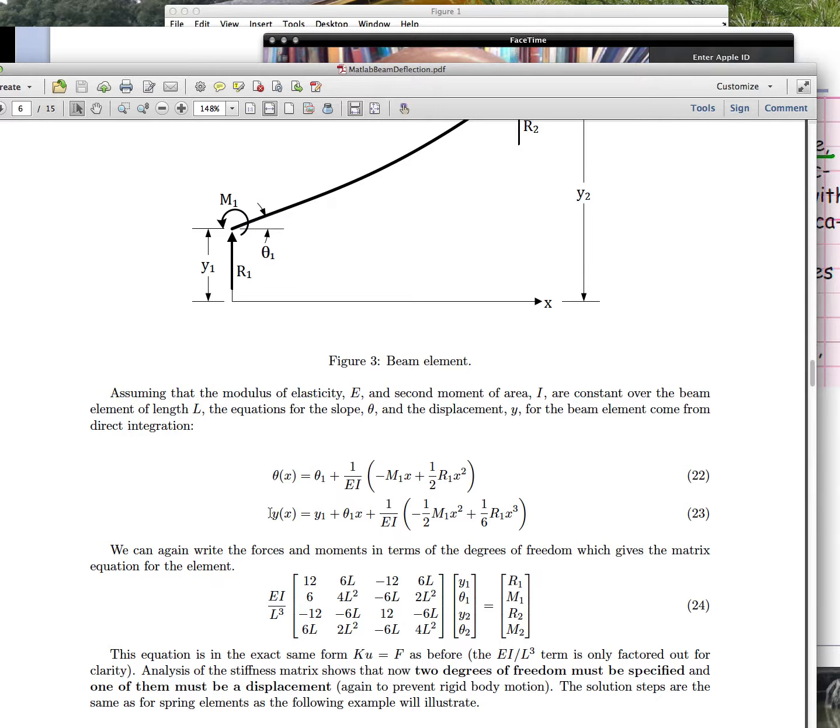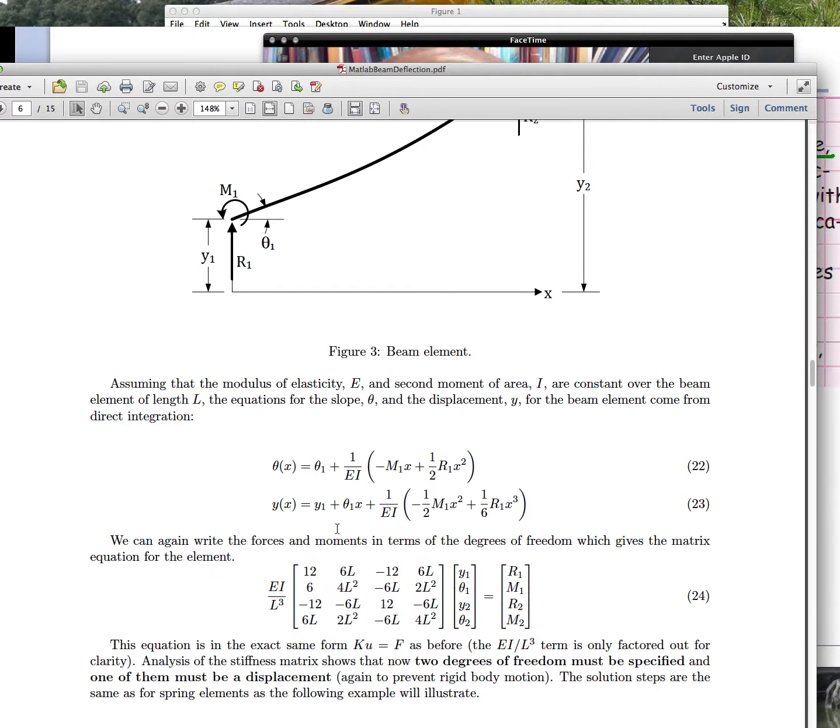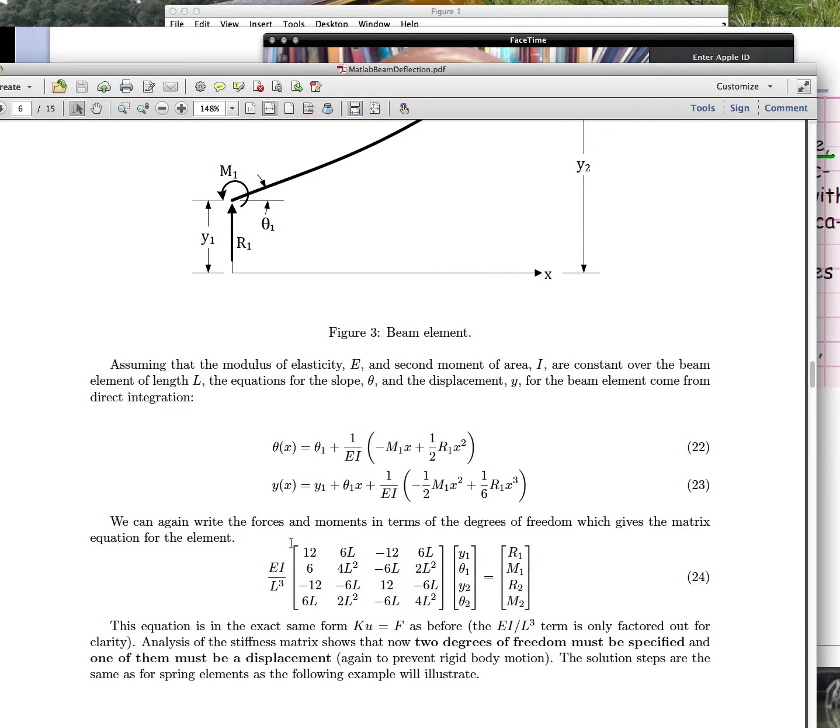These are representative of displacements, generalized displacements, and the force system, which is expressed in M1, R1 and M2, R2, and therefore we can represent equation 22 and 23 in one single equation, which is a matrix equation.